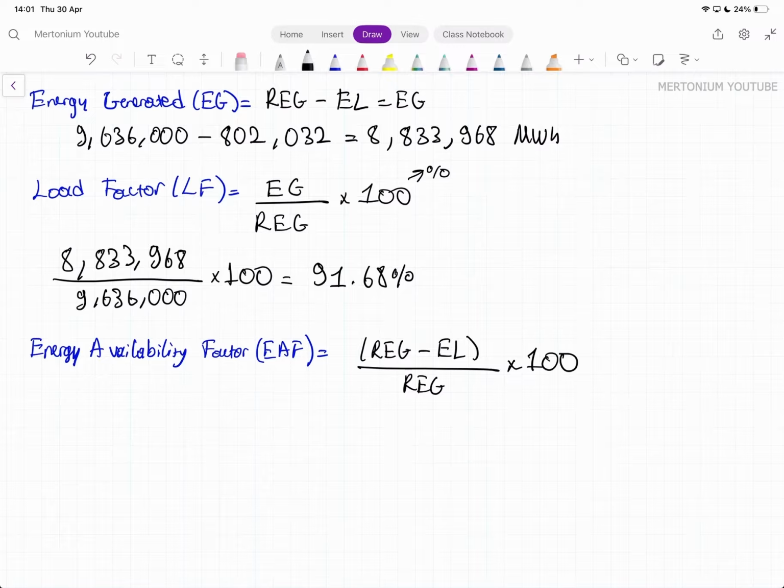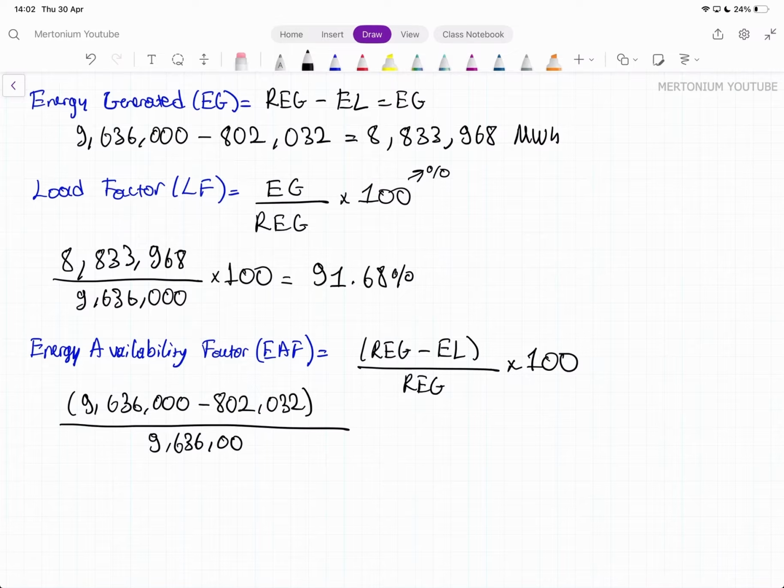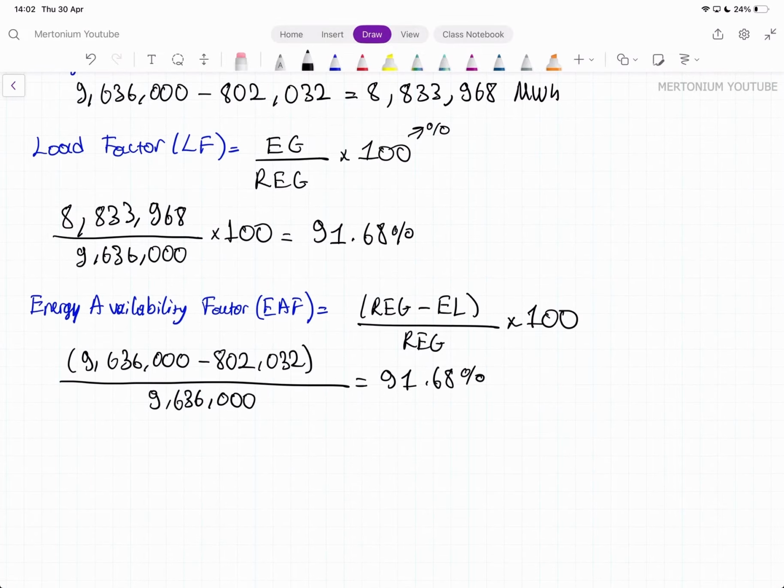Let's plug in the numbers. 91.68%. So if you noticed, our load factor and energy availability factor are identical. It means unless the plant has available but not used energy, they're going to be identical naturally. And in our case, there is no available but not used energy, so they are the same.